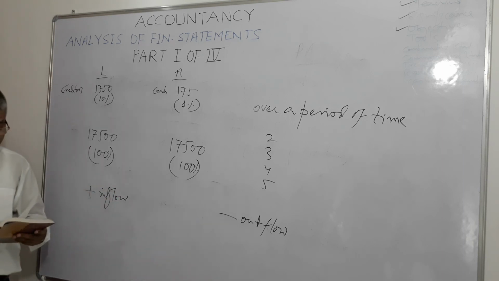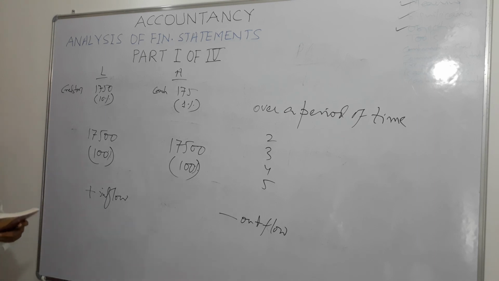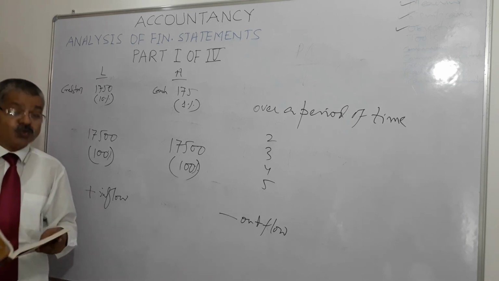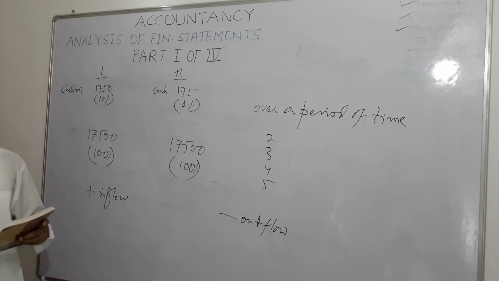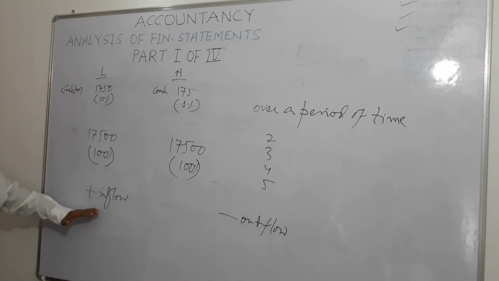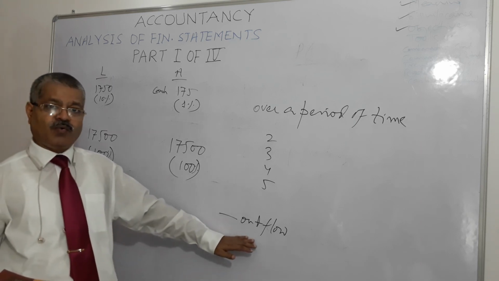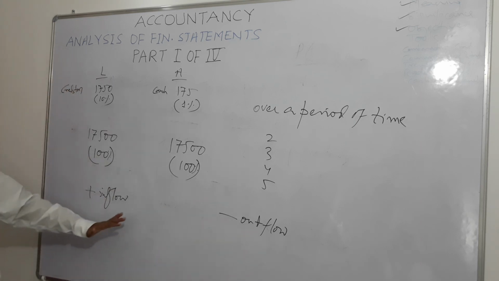Cash flow statement is prepared to project the manner in which the cash has been received and has been utilized during an accounting year, as it shows the sources of cash receipts and also the purposes for which payments have been made. If inflow is more than outflow, we have a cash surplus.